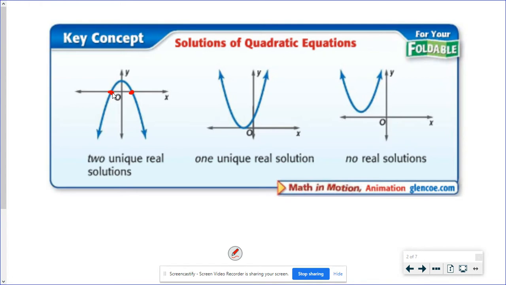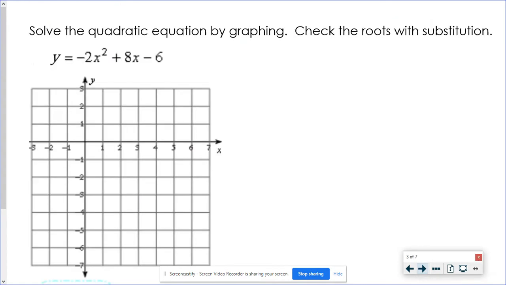When the vertex is on the x-axis, that's where I get one solution. And again, remember, the solutions are where it crosses the x-axis. If this graph doesn't touch the x-axis, there are no solutions in terms of making the y equal to 0.